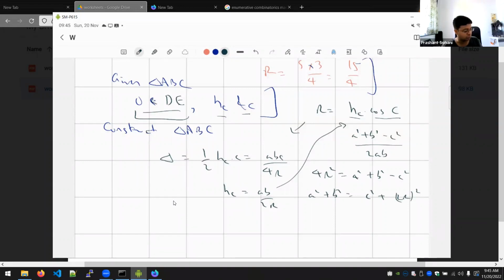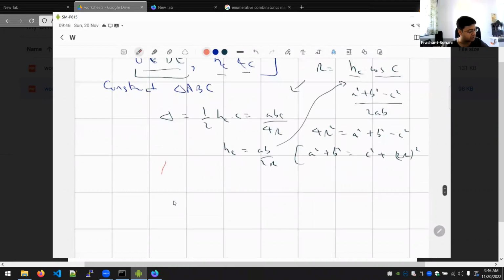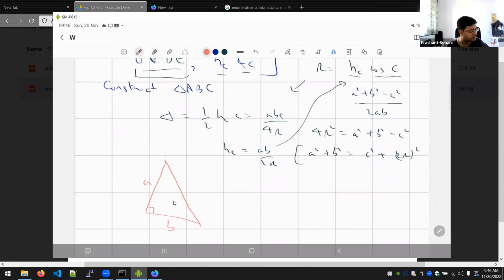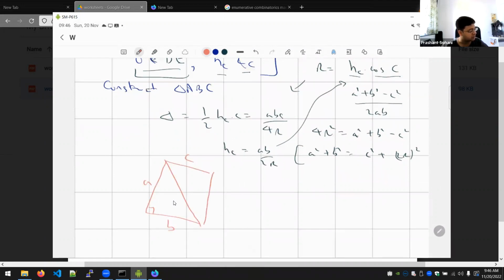There could be lots of geometric interpretations of this fact. For example, if I consider a right angle triangle with sides A and B, and another triangle with side lengths C and 2R, then they will have the same common diameter, so in fact this will be like a cyclic quadrilateral. So there are very interesting implications of this.